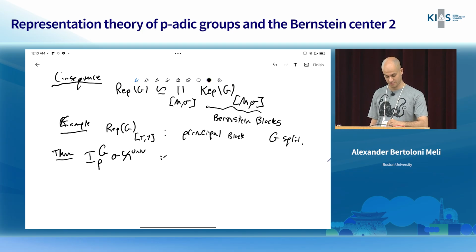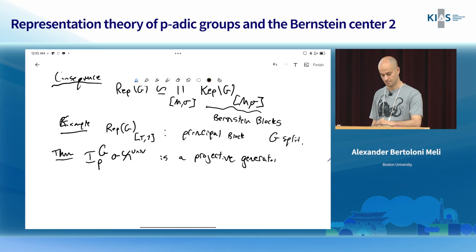And this is a projective generator for rep G M sigma.